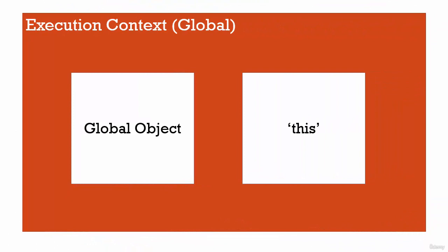An execution context was created at the global level. There's a global object, meaning that object is available to all the code running inside that window, inside that JavaScript file, inside that lexical environment. And there's a special variable that the JavaScript engine created that sits inside the execution context called this.